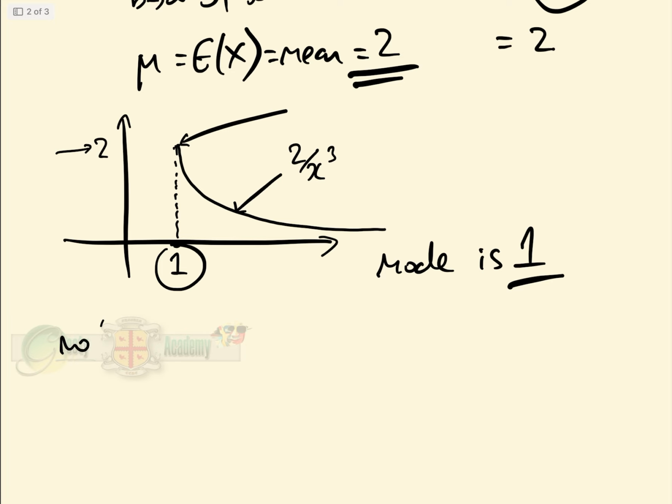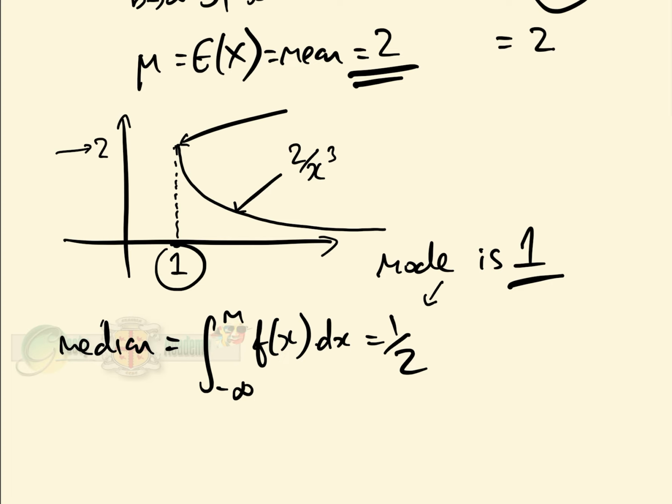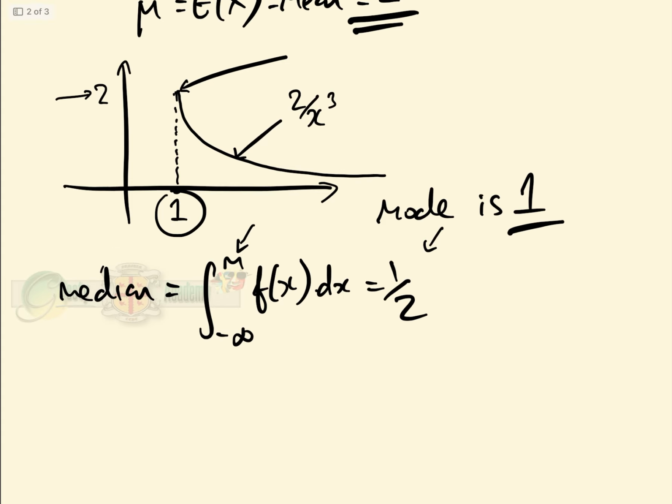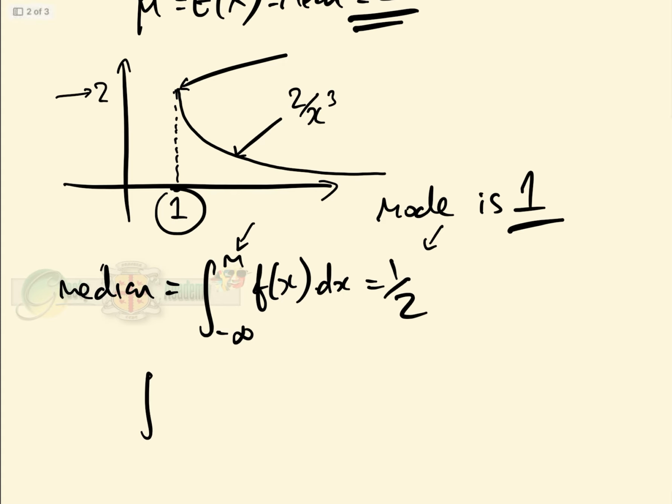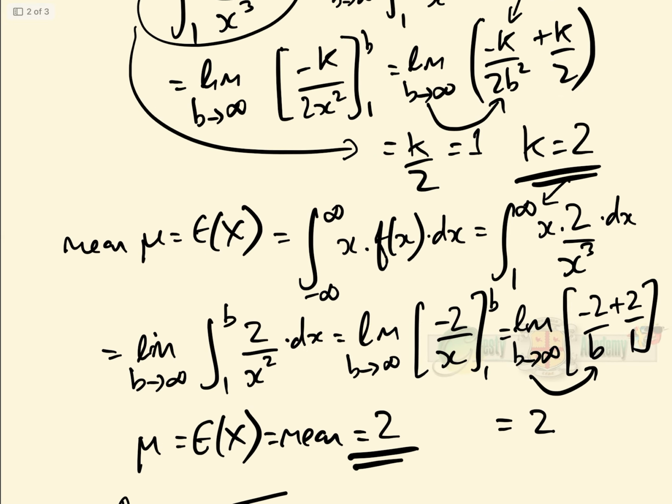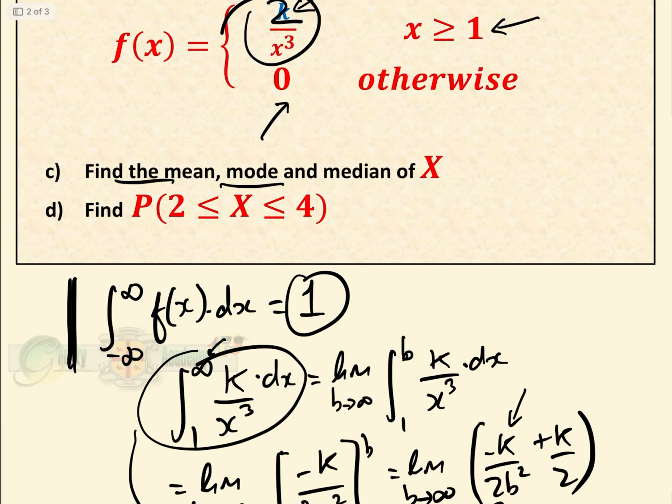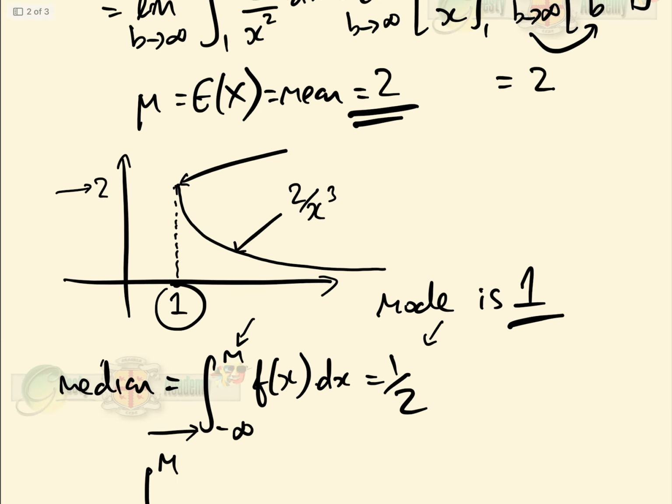Finally, we can do the median. So the median, remember, satisfies the integral between minus infinity and m of f of x dx equals a half, i.e. half of the area is to the left of the median and half of the area is to the right, and we need to find m. There's only one unknown here, so what we do is we integrate. The integral between 1 and m this time, because we're only interested in the part to the right of 1, because again it's 0 for anything less than or equal to 1.